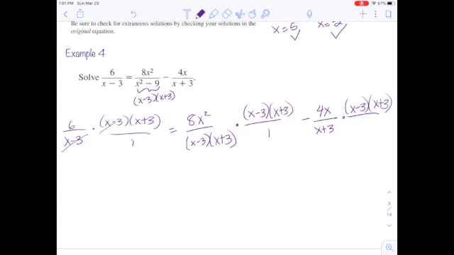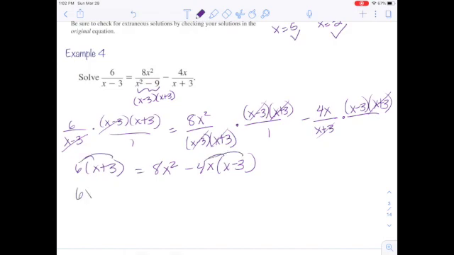All right, once we do all that, now we get to cancel a bunch, and our fractions will drop out. So you're left with 6 times x plus 3. Over here, both of these factors drop out, and you're left with 8x squared. And x plus 3's drop out. You're left with negative 4x times x minus 3.